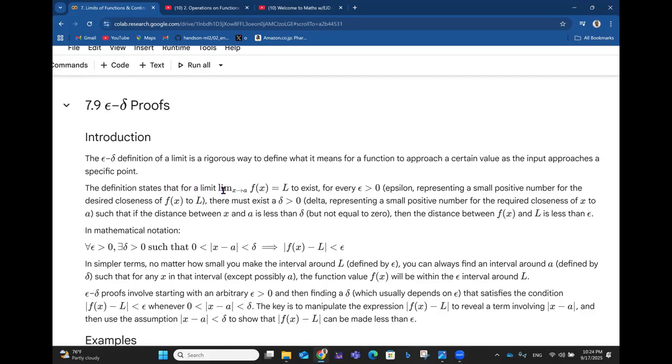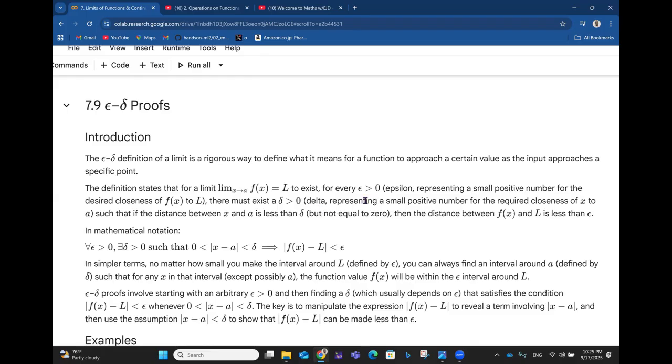So the definition states that for the limit of f of x as x approaches a to equal L to exist, for every epsilon greater than 0, epsilon here representing a small positive number for the desired closeness of f of x to L, there must exist a delta greater than 0.